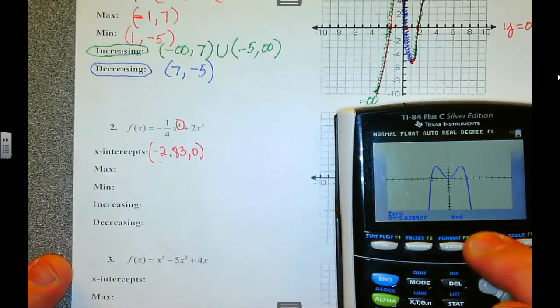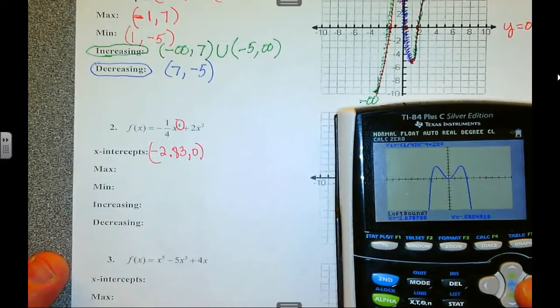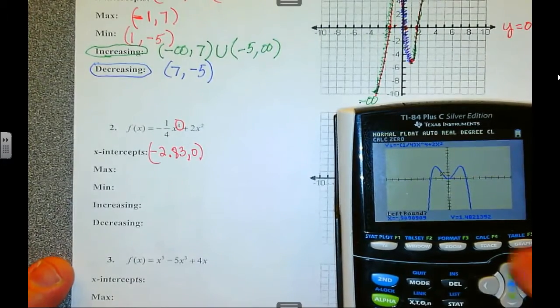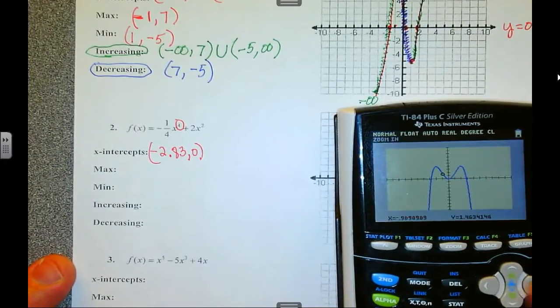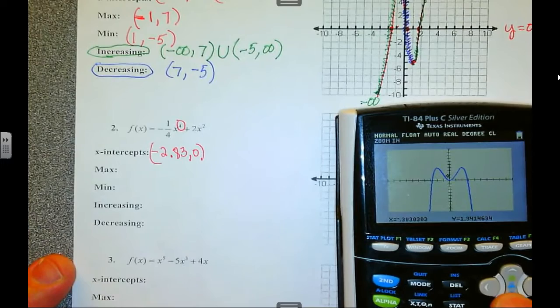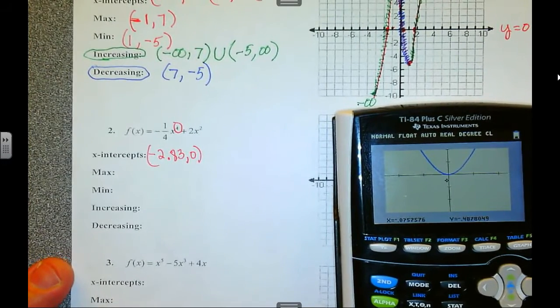Second trace, 0. Left bound. Looks like I only have 3, doesn't it? I think there's something going on with that point right there. I think I'm going to zoom in. I want to see what's happening. Yep, still looks like only 1 point, right?